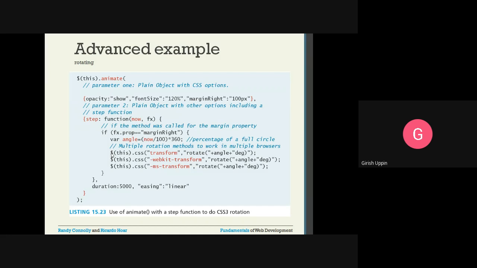This is the advanced example. This object .animate, then we are setting opacity to show, font size 120%, margin right 100 pixels. Then this is the step function implementation. Inside the step function, here fx.prop, that is, it's going to get the property, is equal to marginRight.